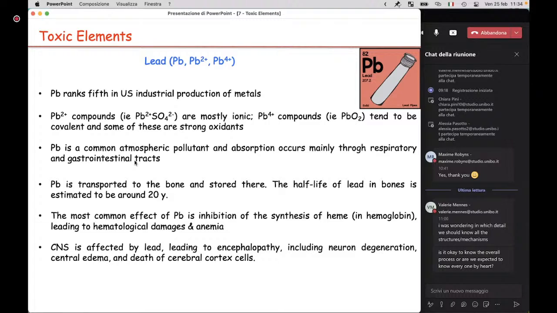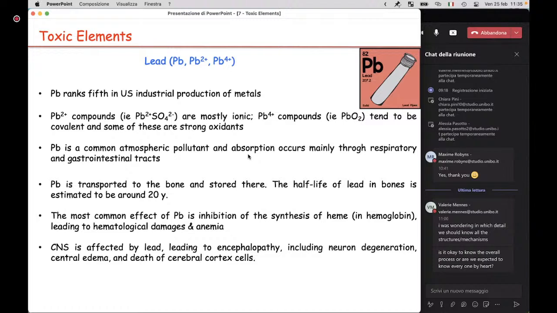In reality, lead is present as a contaminant almost everywhere. If we analyze almost anything, we will find very small amounts of lead. So lead pollution can happen very frequently in almost any environment.